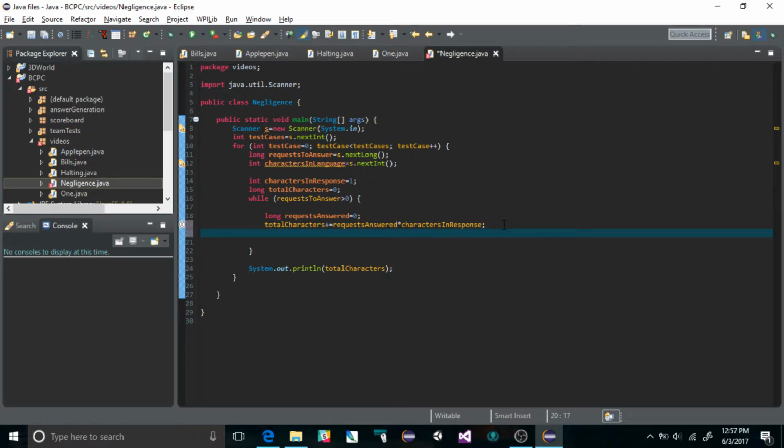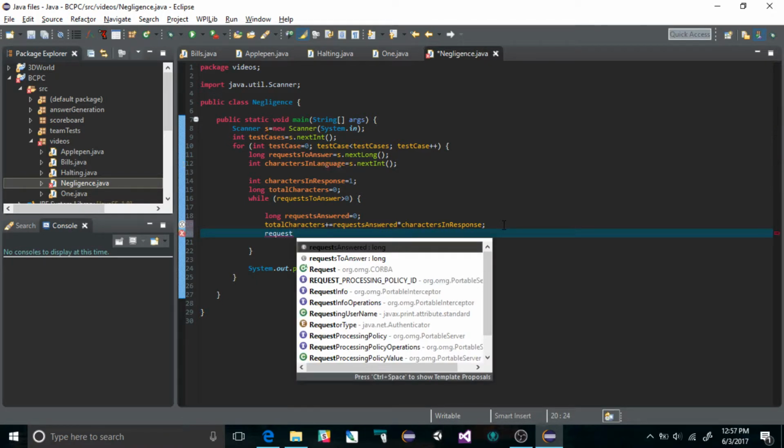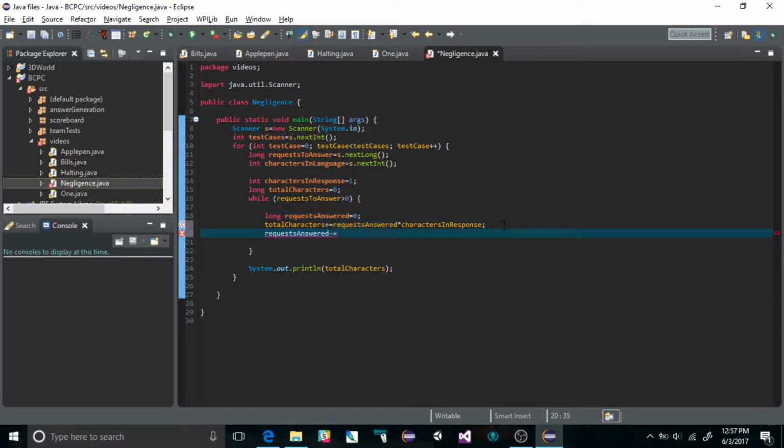And then after we do that, we're going to want to subtract from requests to answer. And then for the next time, we're going to want to increment the number of characters in our response. So the first time we go through this while loop, we'll be doing 1-character responses.